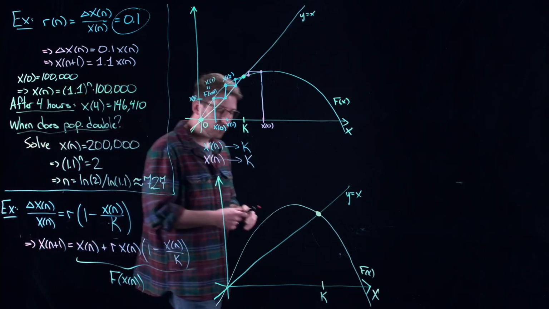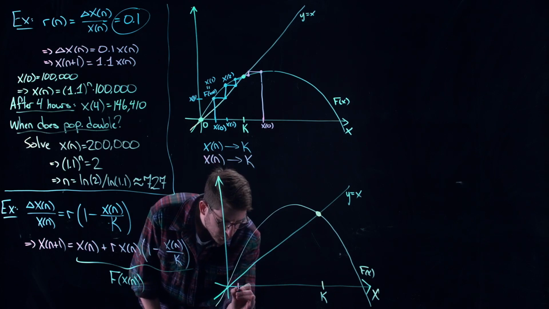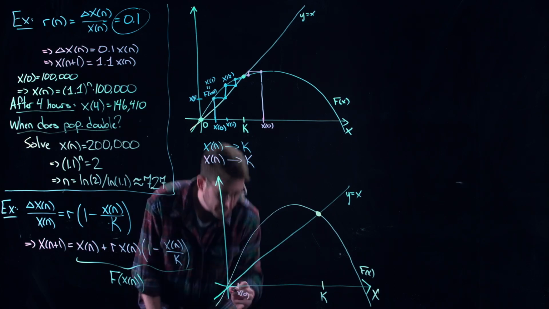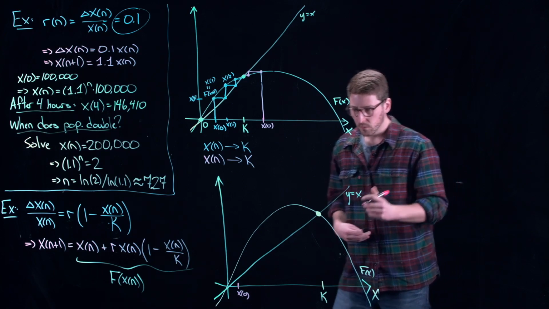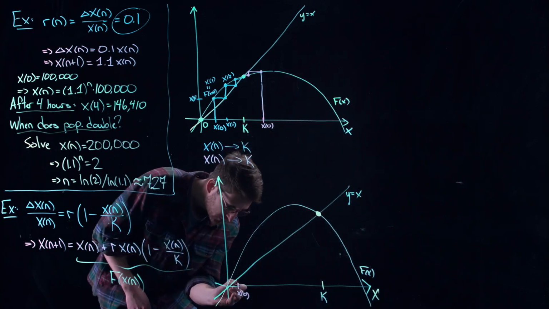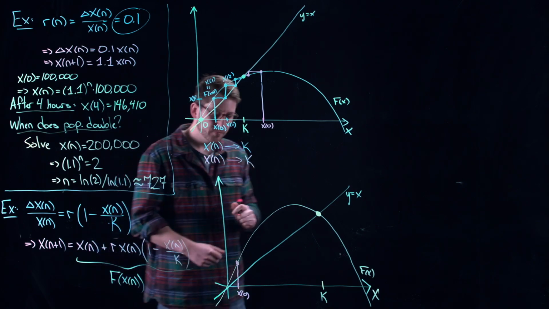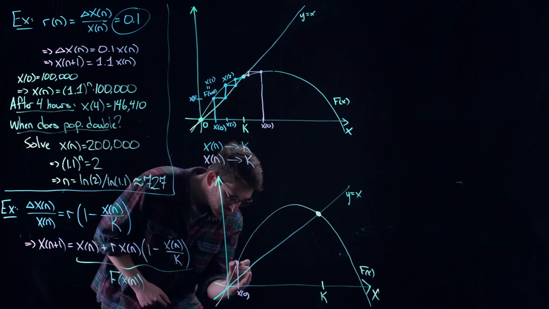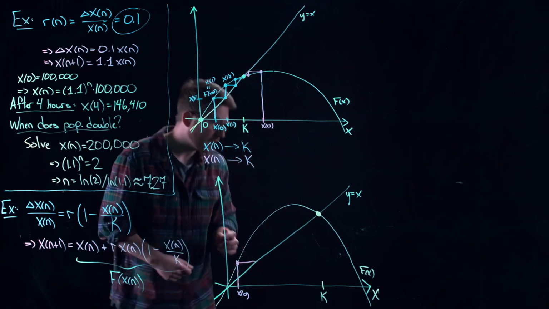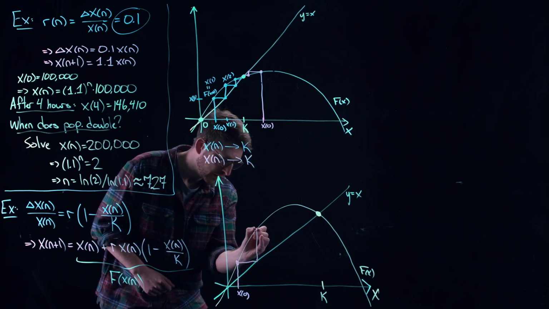Well, we can trace out another cobweb diagram. Let's imagine we start with just a little bit of yeast, a little tiny bit. Well, what we do is we trace ourselves up to the curve. That's x1. Then we trace ourselves over to the line y equal to x, and then up to the curve again.